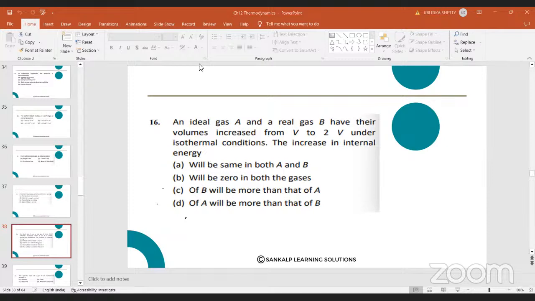The increase in internal energy is... Option C, ma'am. Yes, that is, B will be more than that of A. Okay.